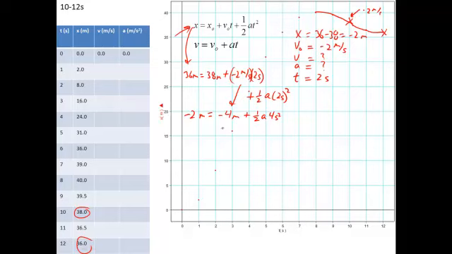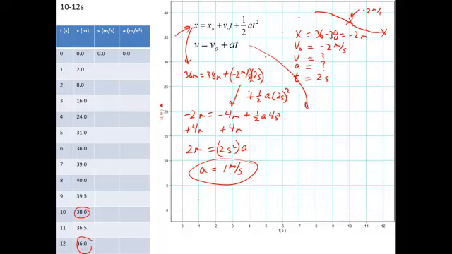Okay, so if I add 4 meters to both sides, I get a positive 2 meters on this side, and that's going to equal 2 seconds squared times a. So a is going to equal 1 meter per second squared. So that's my acceleration for that section. For my final velocity, again, I'm going to use this equation here, v equals v initial plus at.